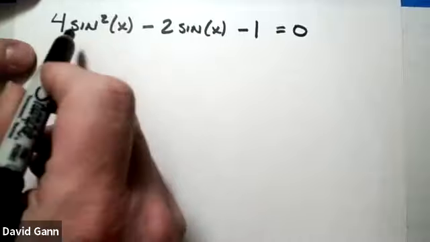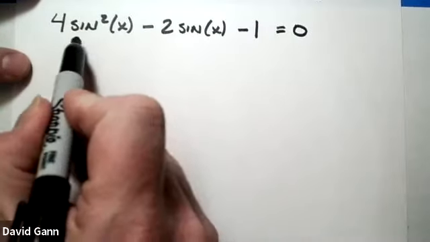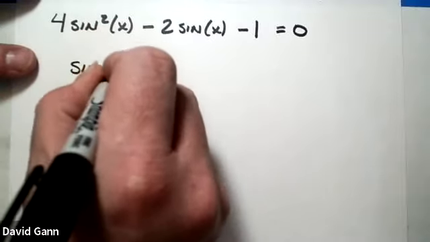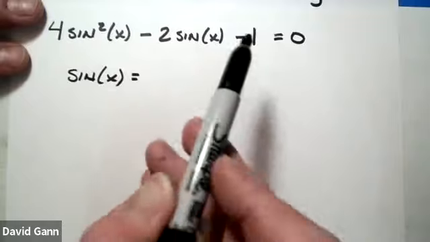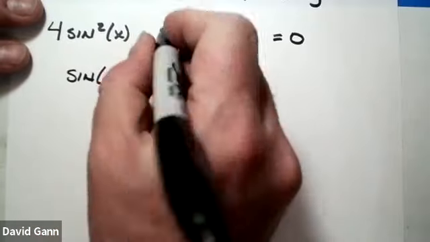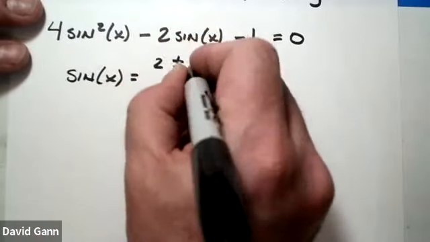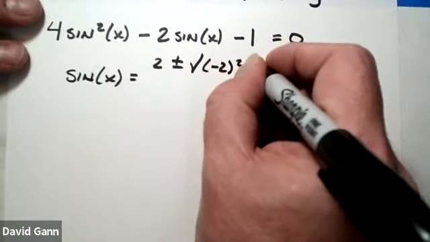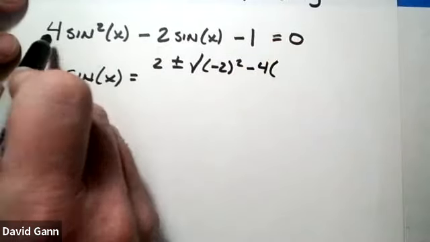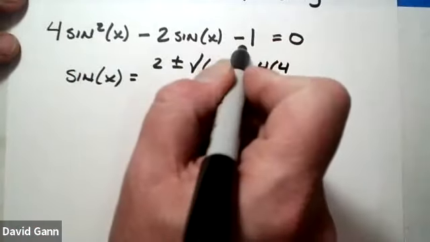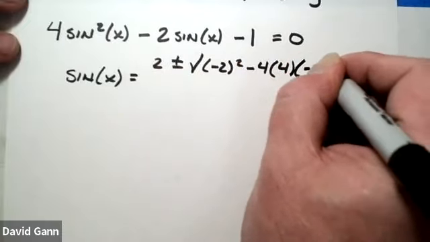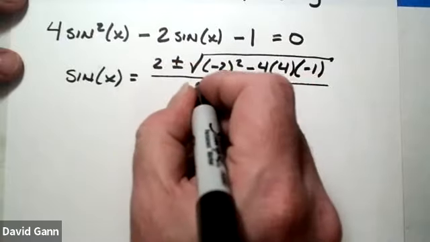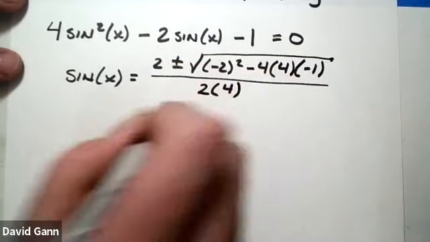Instead of x, we're looking at sine of x. So sine of x is equal to negative b, or 2, plus or minus the square root of negative 2 squared minus 4 times a, which is 4, times c, which is negative 1, all over 2 times a, which is 4.